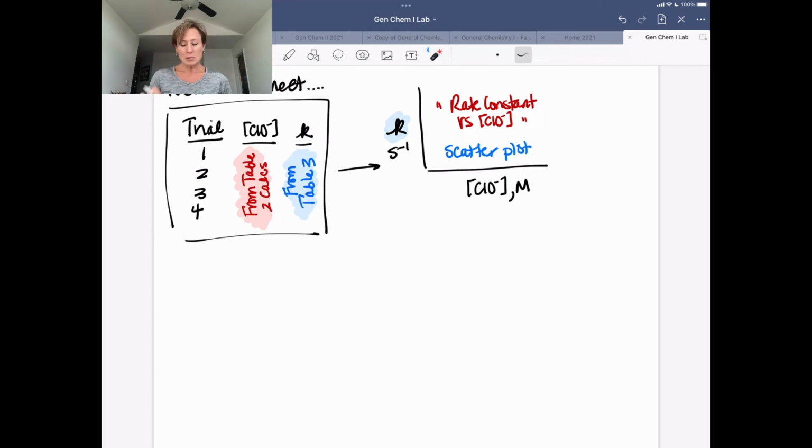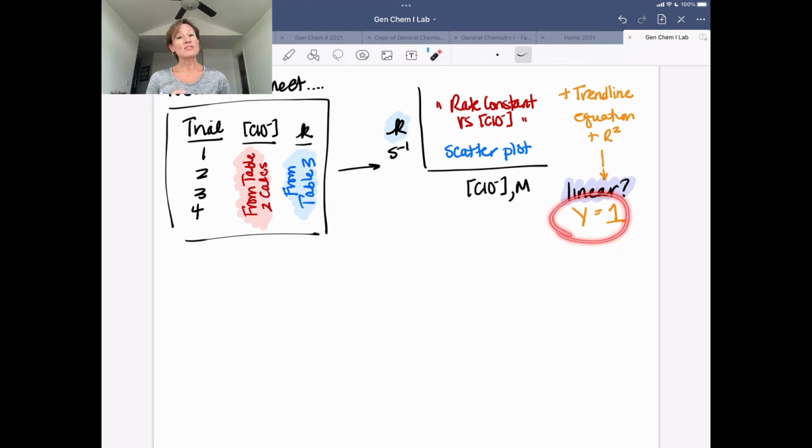Okay, so you're going to plot this, and then you're going to also add a trend line and then get your equation and your R-squared value, and then ask the question, is this linear? If you plotted the rate constant as a function of the concentration of hypochlorite ion, and that is linear, that tells us that it's first order with respect to the hypochlorite ion. That's going to be y equal to 1.